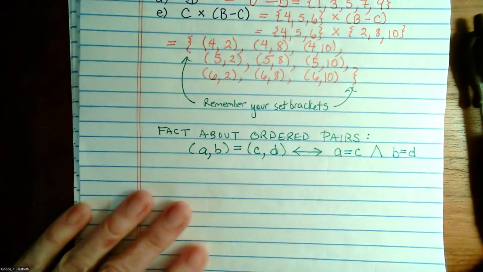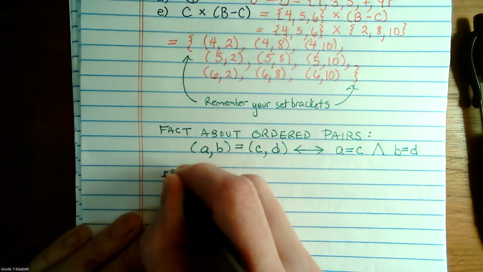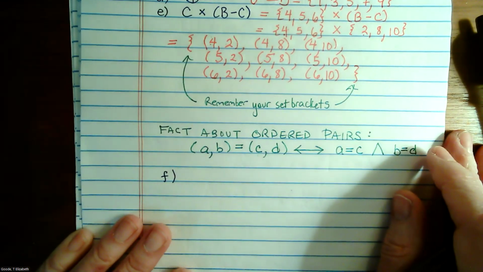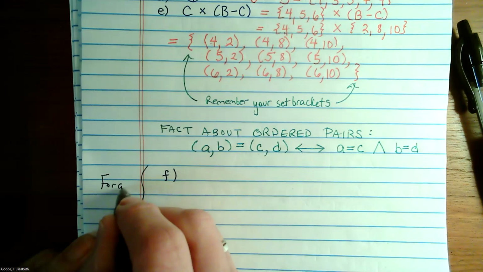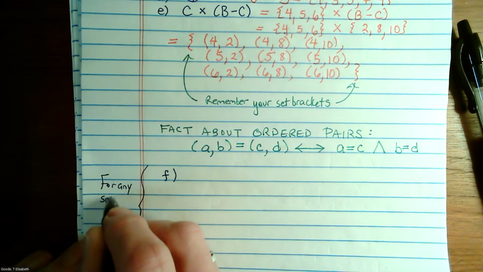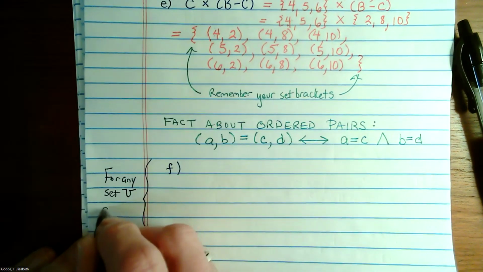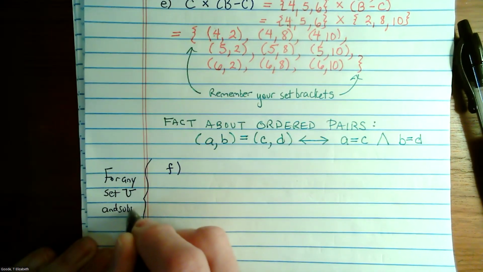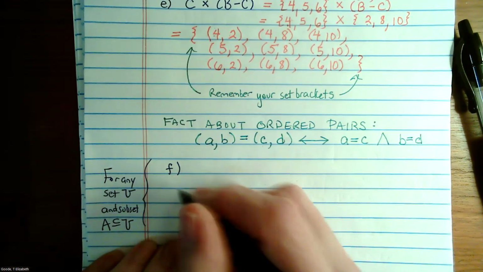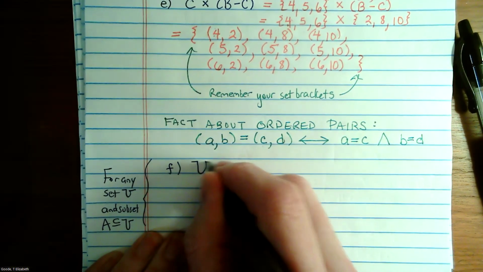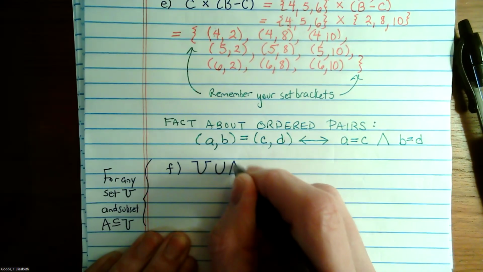A couple more just to look at, and we don't even need to know what the sets are, in fact. For any set U and subset A of a universe U: F, what is the universe union A?